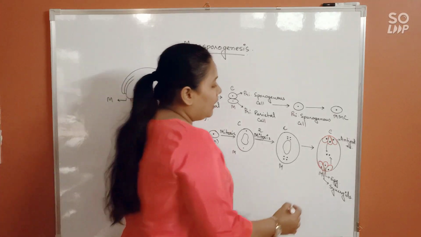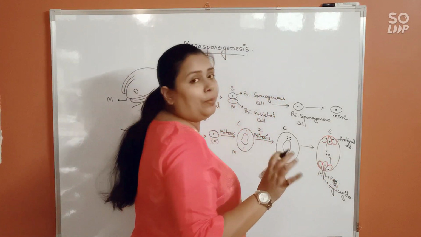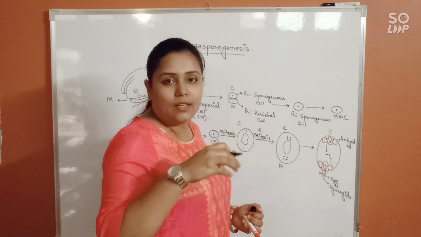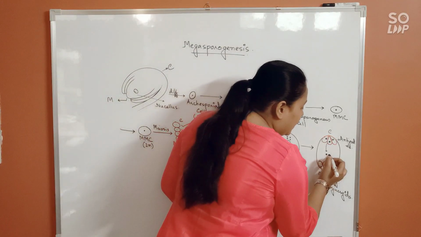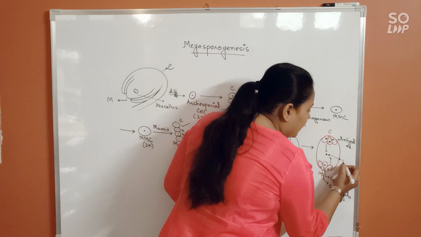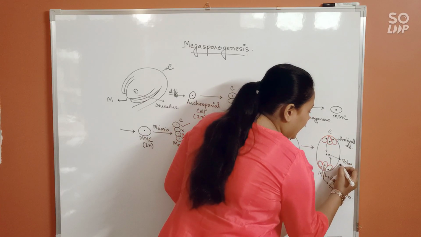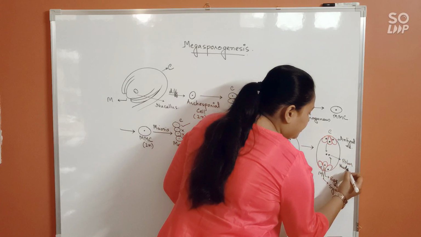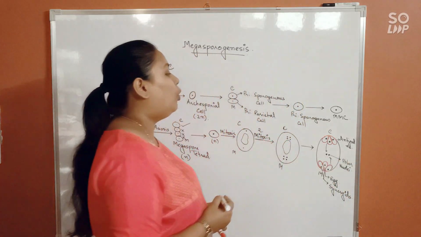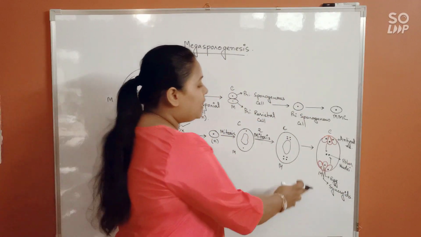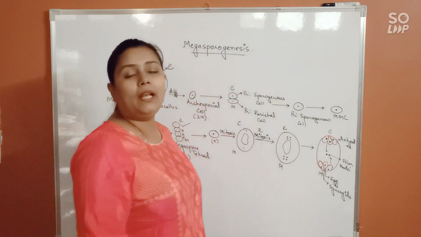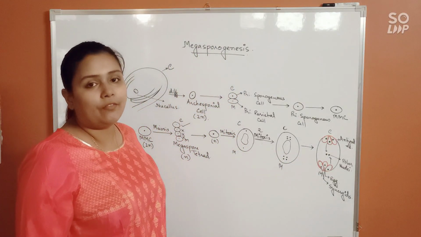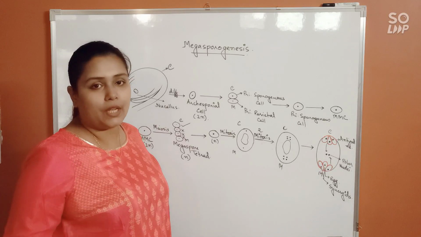Egg and synergid together make up the egg apparatus. Alright? And these 2 nuclei, they won't be getting surrounded by any thin peripheral cytoplasm as such. They will remain in the nuclear state and we call it polar nuclei. Polar nuclei. So this is the well-developed embryo sac or female gametophyte that has been developed from the megaspore mother cell.